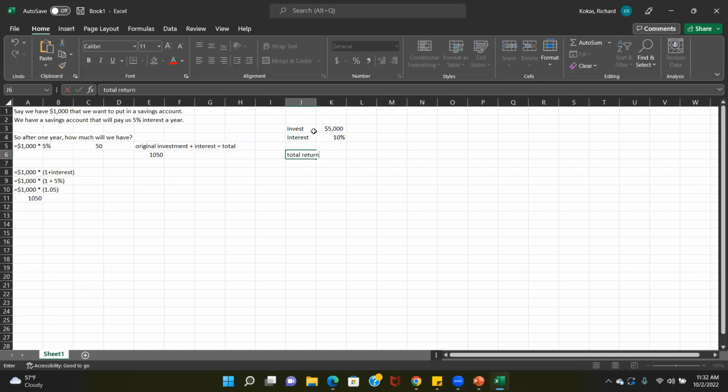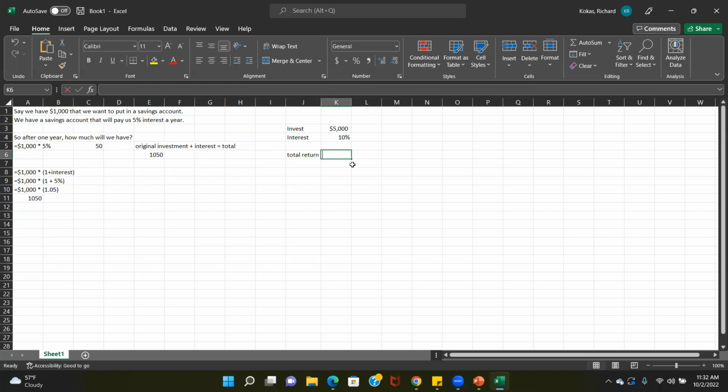The total return, which is just the total amount, I'll do the quick way: 5,000 times 1.10, since 10% is 0.10. We're going to get $5,500 in 1 year.